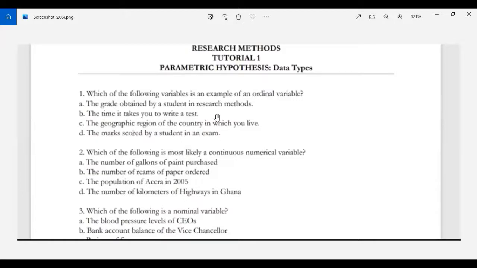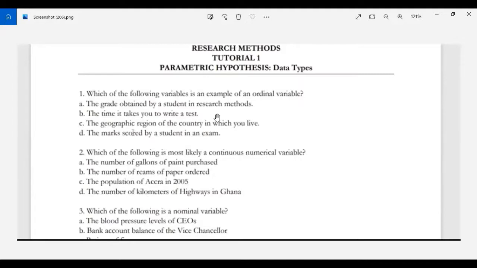The grade obtained by a student in research methods, I would say it's a categorical one and it can be ordered, so it's ordinal. So categorical ordinal, all right. B, the time it takes you to write a test: the time is numerical and it's ratio.